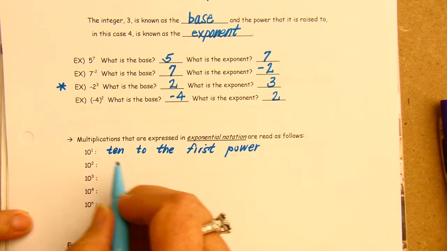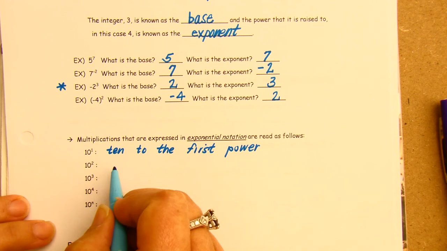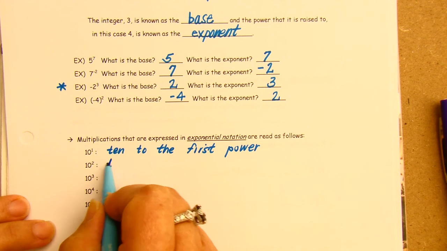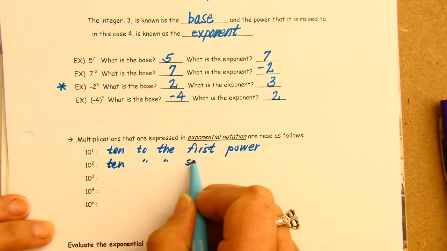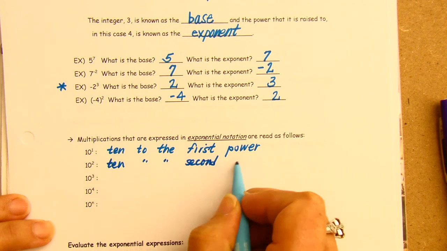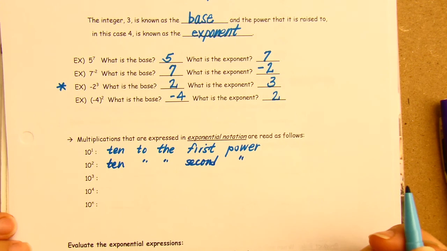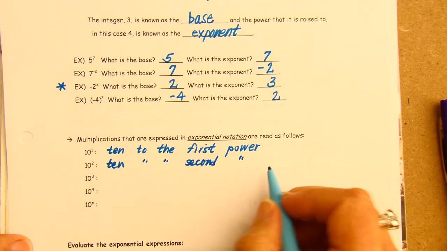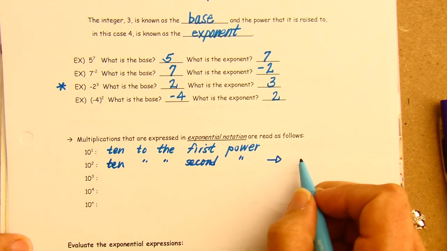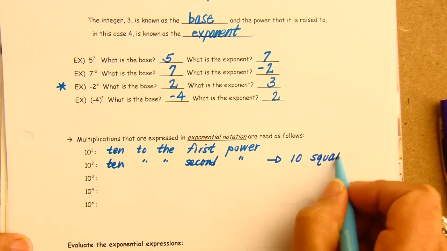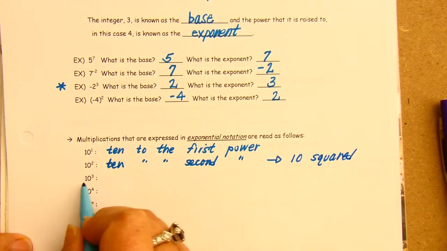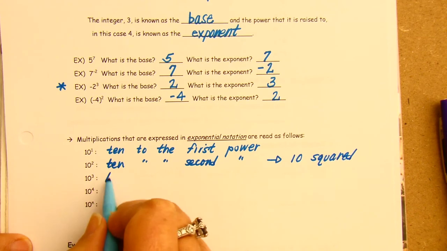This one here is 10 to the second power. I'm using ditto marks to indicate that those words are the same, so I don't have to keep writing it. You could also say this as 10 squared. This one, 10 raised to the power of 3.